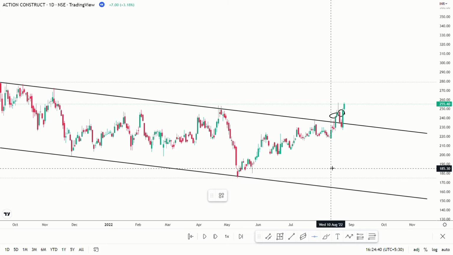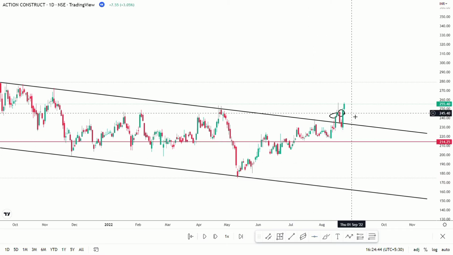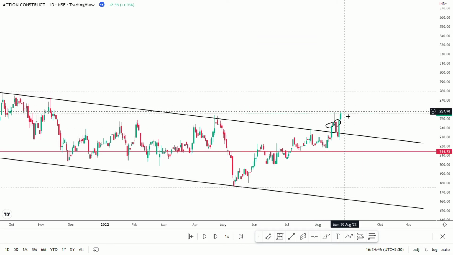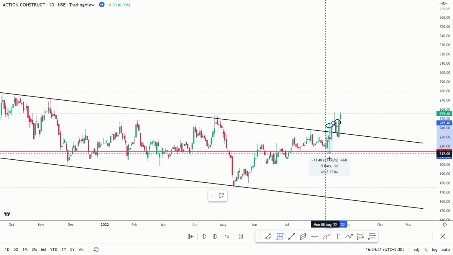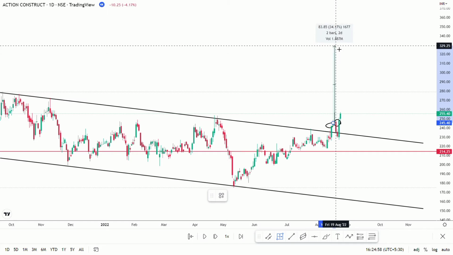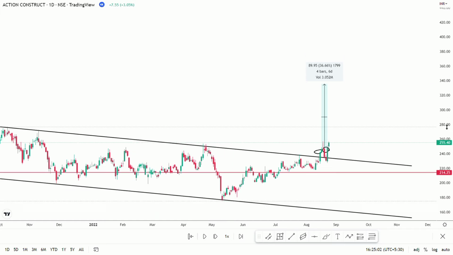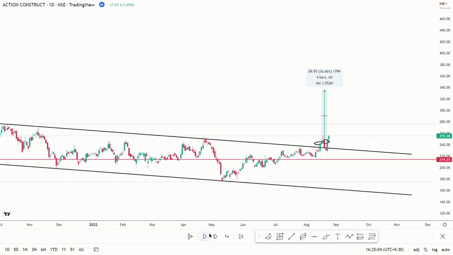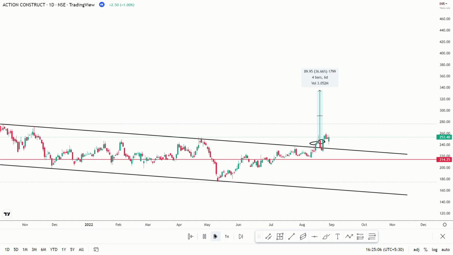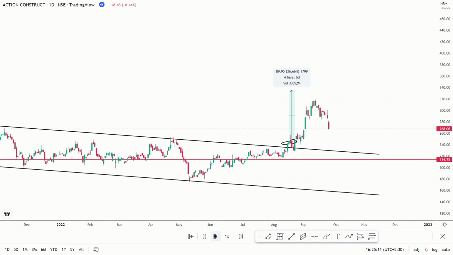Our stop loss is below this level. This red line is our stop loss, and if we enter here, our risk is around 12%. So our target, as per 1:3, is 35-36% here. Let's see what happens next.